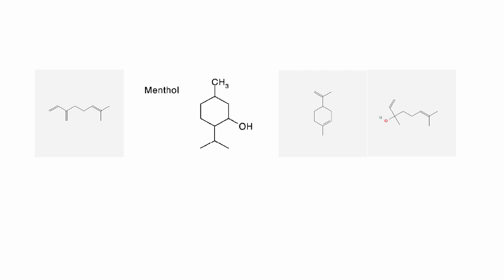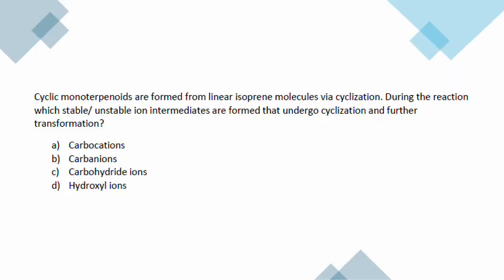So in column A, 2 and 3 belong to one of column B, which is there in option D. So menthol and limonene are cyclic, myrcene and linalool are acyclic. Right. We'll go to the next question.